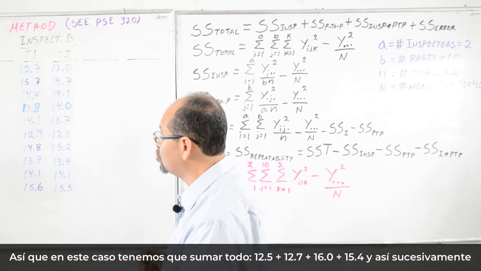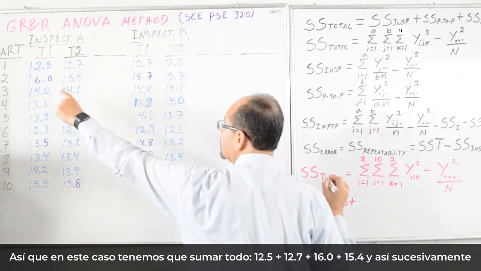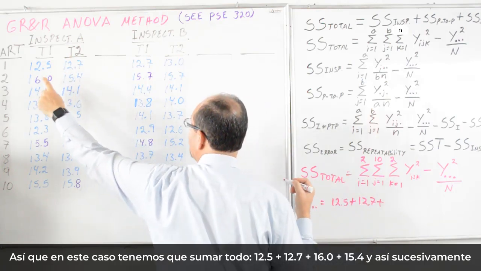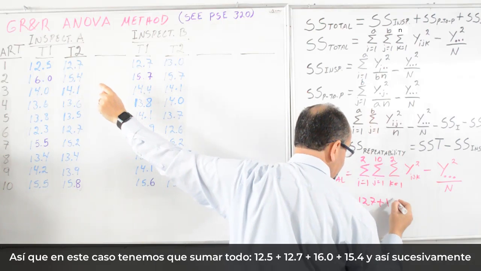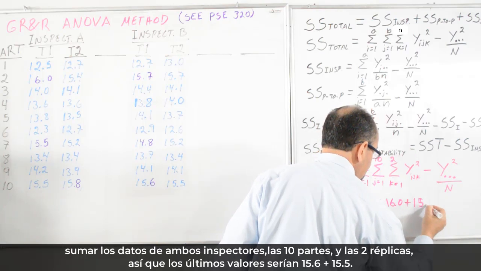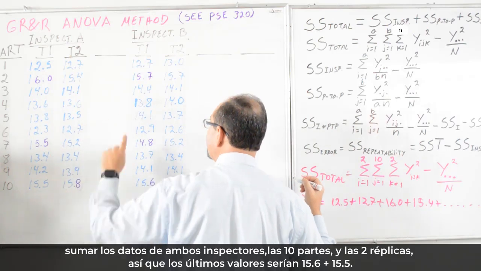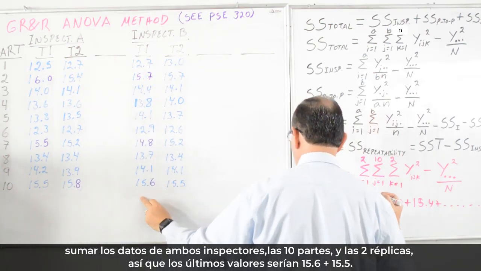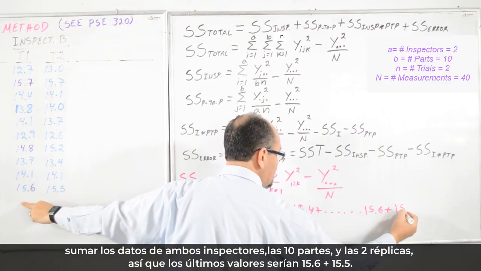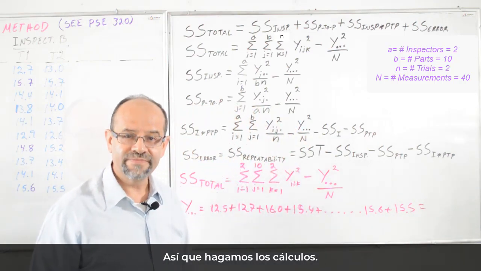So in this case, we have to sum everything, which is 12.5 plus 12.7 plus 16.0 and so on, 15.4 and so on. I have to do all the sum of all the data of both inspectors, both trials, and the last one will be 15.6 plus 15.5. Well, let me do the calculation.